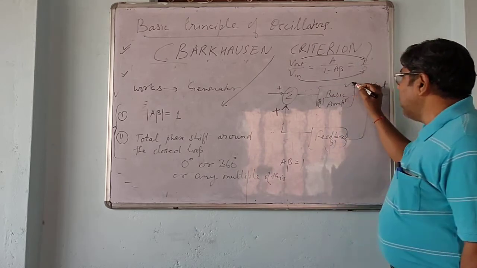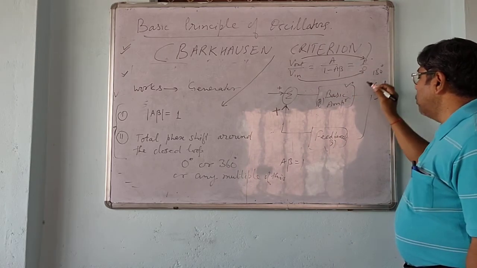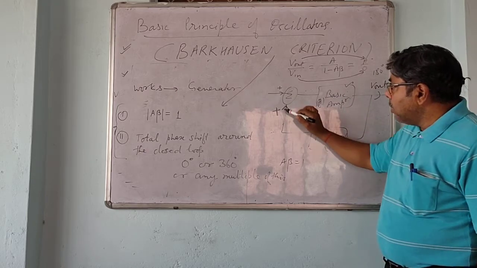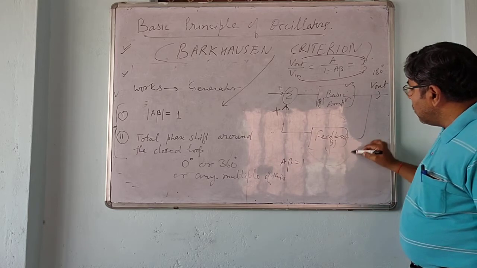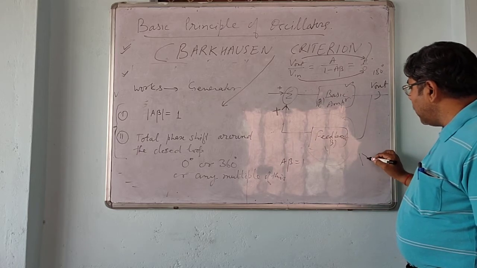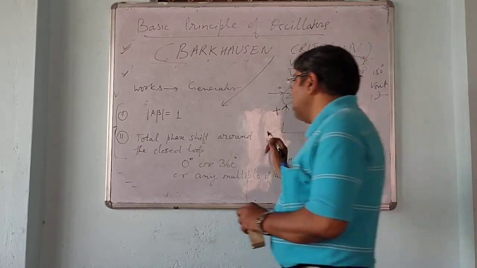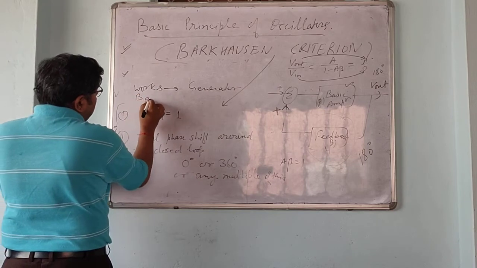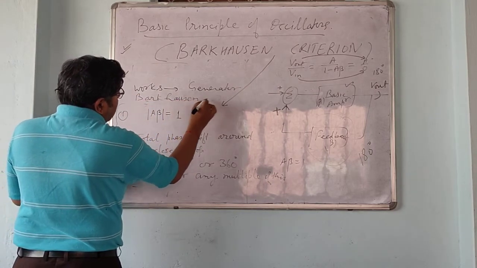Suppose basic amplifier provides 180 degree phase shift. What will happen? Then to become total phase shift 360, this feedback network must provide further 180 degree shift. So this is the basic concept, and these two conditions are called Barkhausen criterion.